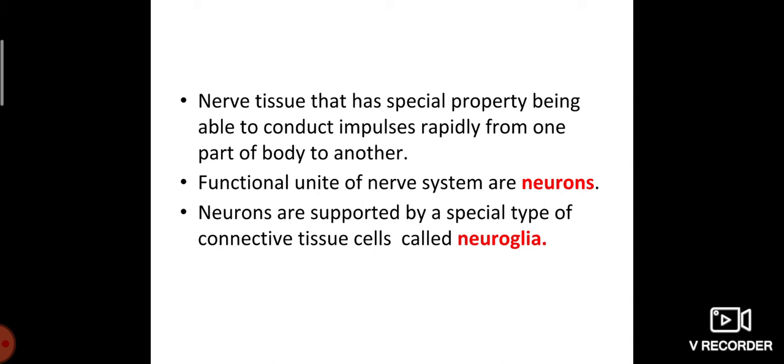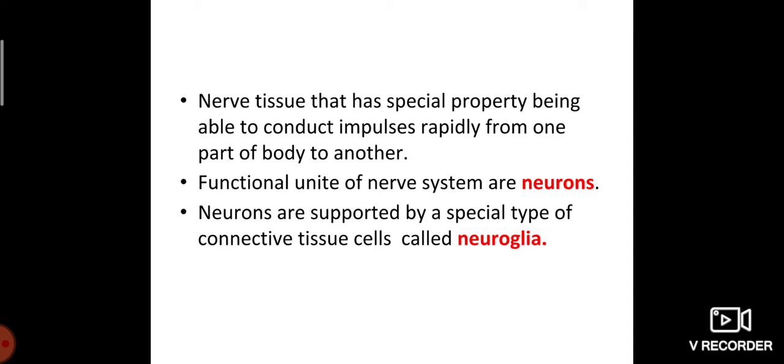But before discussing the details of the nervous system, we should understand that the nervous system consists of neurons. There is a basic constituent which forms the whole nervous tissue, and that is the neuron.